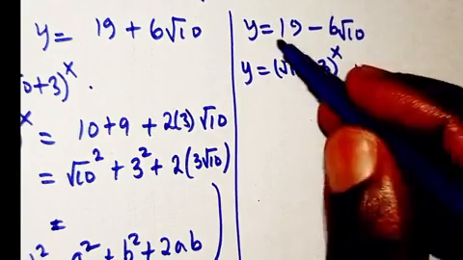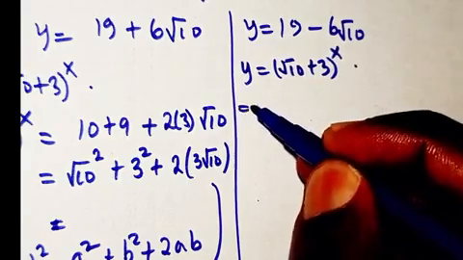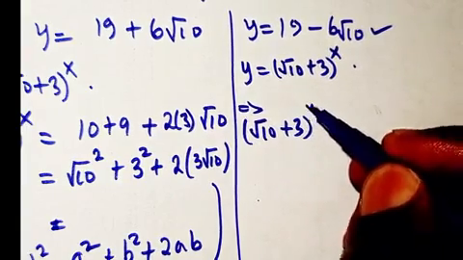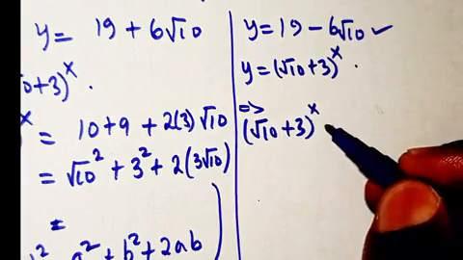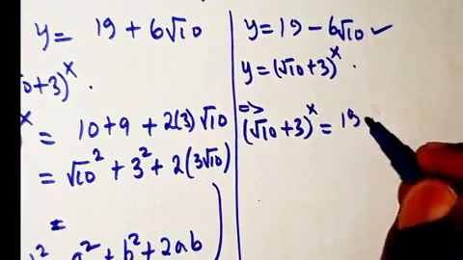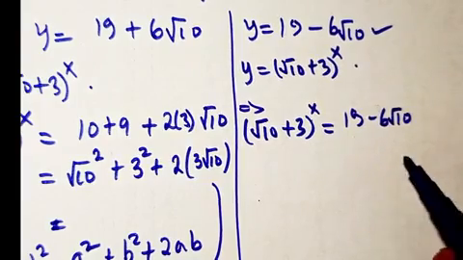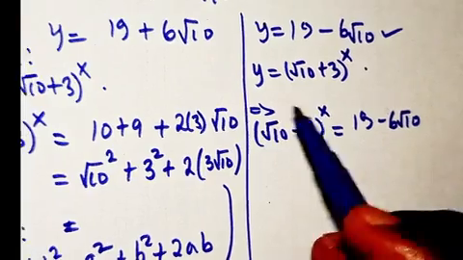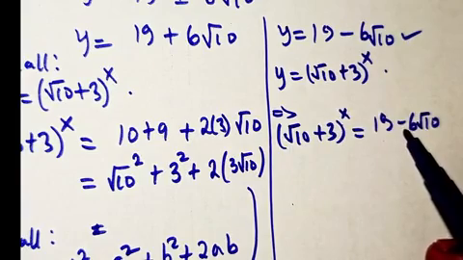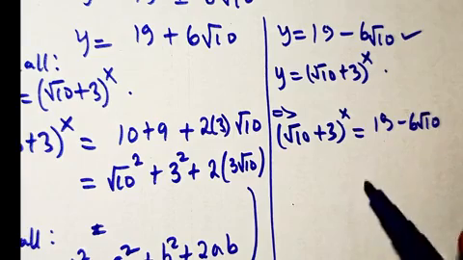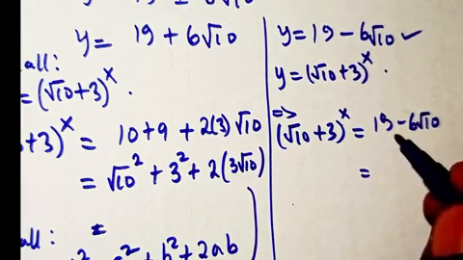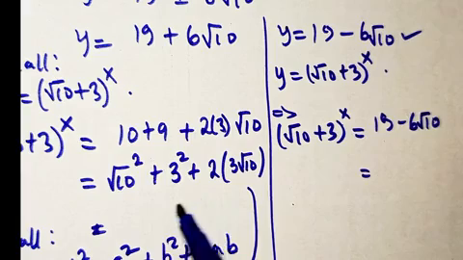That's what we have. So we can have root 10 plus 3 to the power of x equals, now bringing in 19 minus 6 root 10. It's the same thing with what we have here. Are you getting that? The only difference is that this is minus and this is plus. So if you follow the same trend, according to what we did there, we don't need to repeat it.